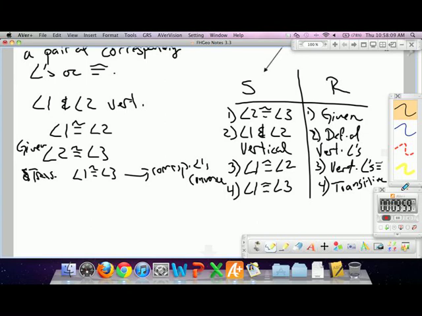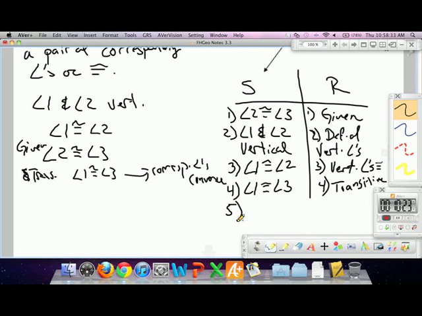Because if we have 1 is congruent to 3, now we can use the new reason we said, which was the corresponding angles converse. Since 1 and 3 are corresponding angles, what do you know about lines M and N now? Now they must be parallel.